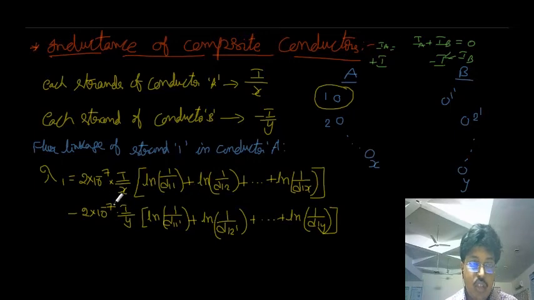If you observe this equation, that is lambda 1, it is in the form of log A plus log B plus so on. You can simplify log A plus log B as log AB.